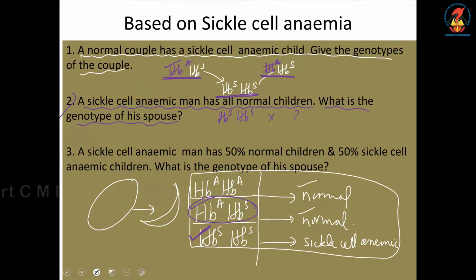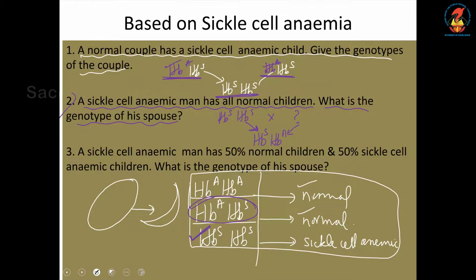We don't know the genotype of his spouse or wife, but all the children born to them are normal, which means that HbS of the father comes to the child. Definitely there is only contribution of HbS to the child. But the child is normal, which means HbA has come from the mother.